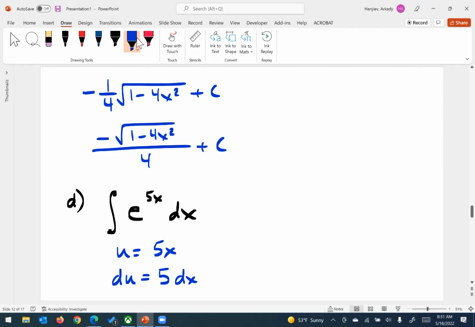All right, so I'm thinking that 5 is missing, right? We need a multiplier of 5. How do we make a multiplier of 5? What should we multiply initially in front?